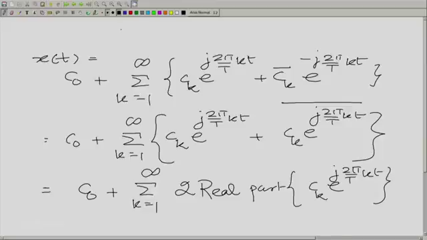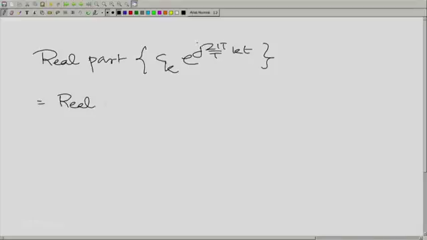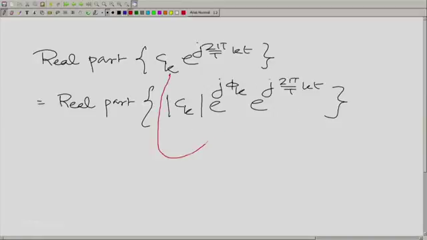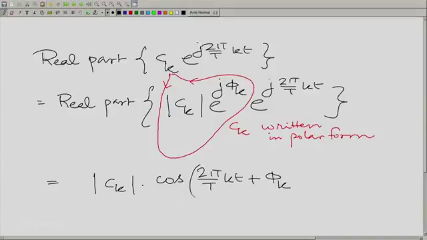Now, how do we write down the real part? The real part is essentially where you write Ck in polar form, magnitude and angle, and that gives you mod Ck cos of 2 pi by T kt plus phi k, where phi k is essentially the angle of Ck.